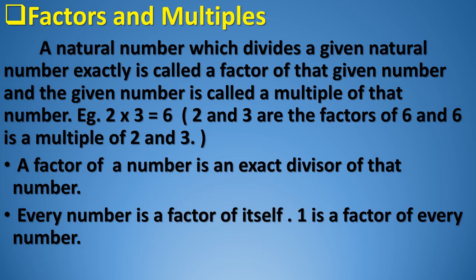So it is possible to divide a number by itself. So every number is a factor of itself, and 1 is a factor of every number, because 1 can divide any number.